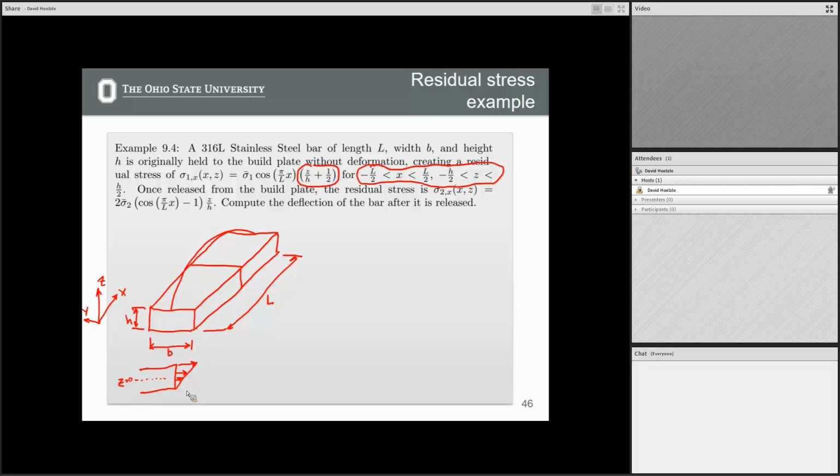So this is on build plate. All right, once it's released, it has a maximum stress of sigma 1 bar. All right, once it's released, it has a different residual stress profile. So again, we'll draw the beam again.